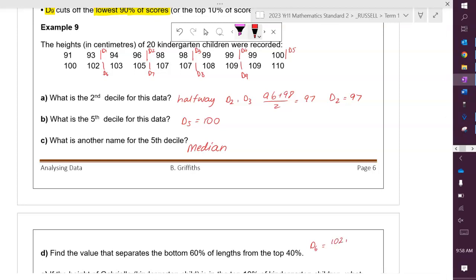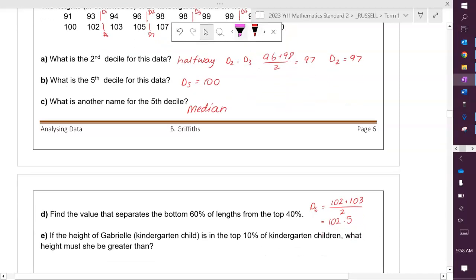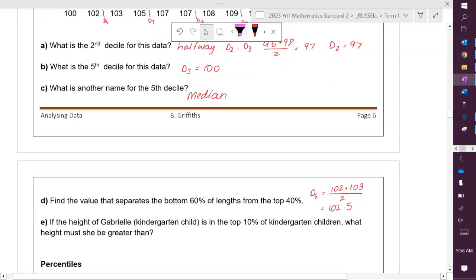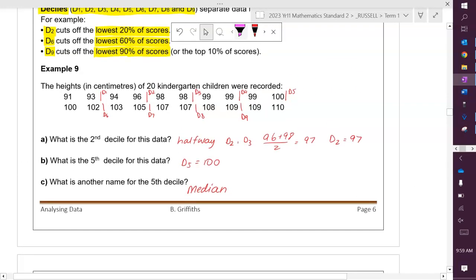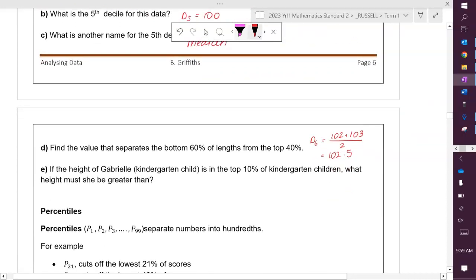So 102 plus 103, and I need to find that halfway point, so it's 102.5. And our last question, if the height of Gabriel is in the top 10% of the kindergarten children, what height must she be greater than? So if I'm looking at that top 10%, I'm looking at my 9th decile. So that means she has to be taller than 109 centimetres.